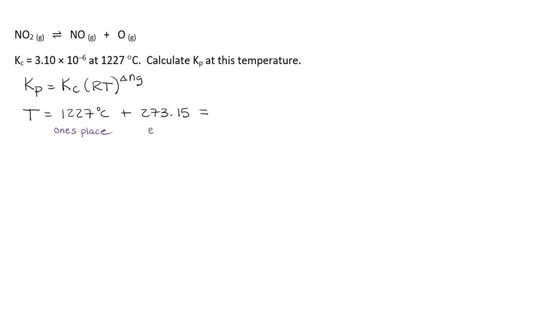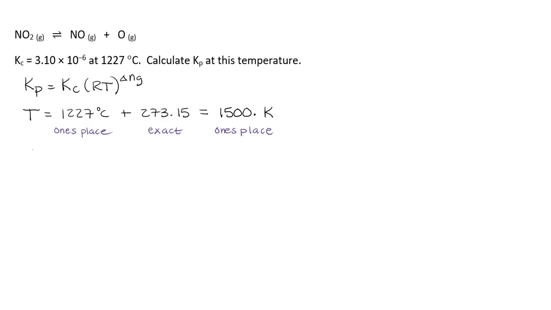The 273.15 is exact, so I need to round my temperature in Kelvin to the ones place. Doing the math, 1227 plus 273.15 rounded to the ones place gives me 1500 Kelvin. I need to make sure that I put the terminal decimal point there to signal that those zeros are significant.